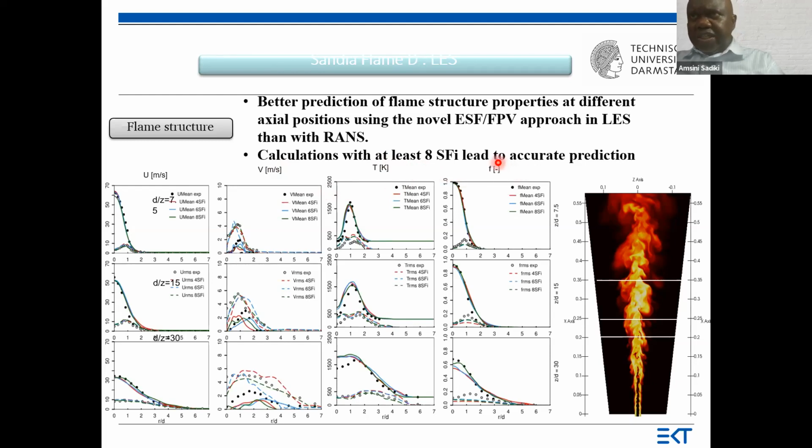We can see the result here with almost 8 stochastic fields. We can get the correct prediction if we use LES.